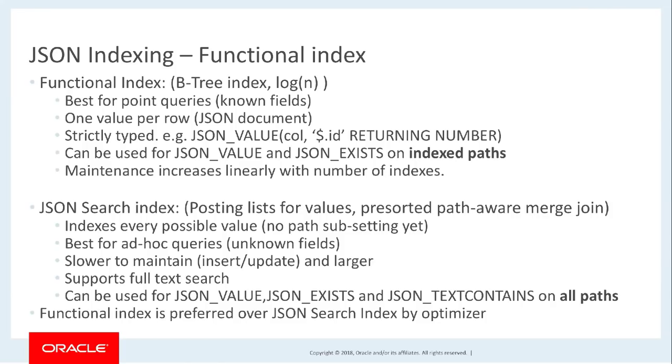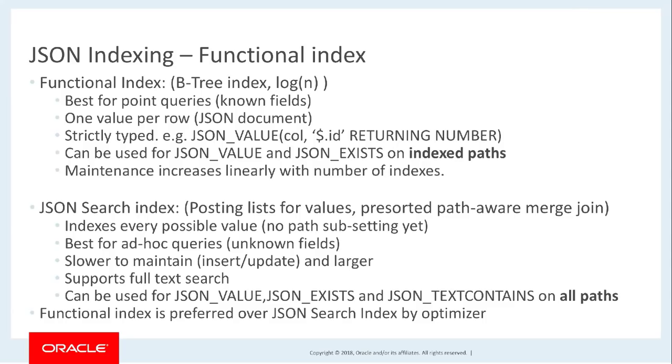And the functional index is always strictly typed. So you have a B-tree whose keys are numbers or varchars or dates or something like this, but they cannot be mixed. So in JSON, it's possible that a field may have different data types. We may have a value of an ID being a number in one instance and maybe a varchar or a Boolean in another instance. That schema flexibility cannot be preserved in the functional index.